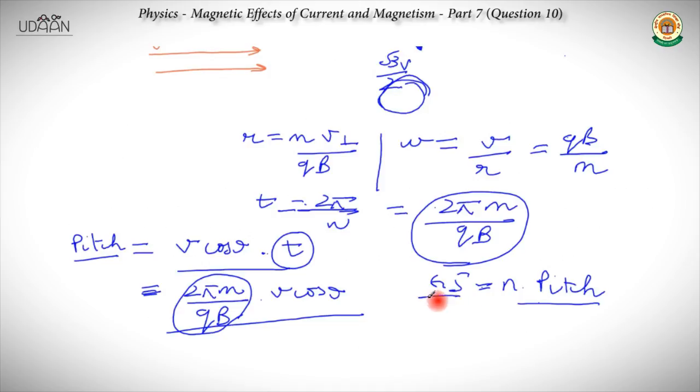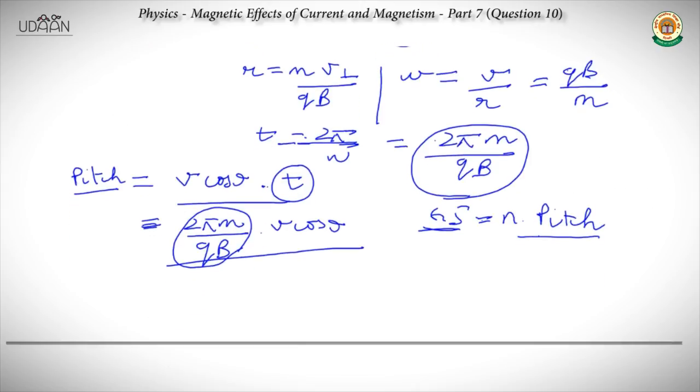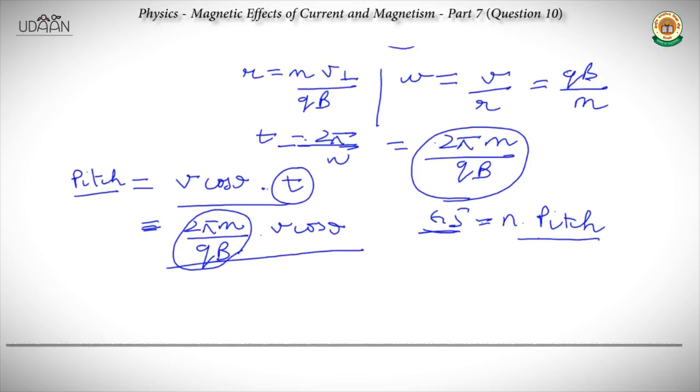We know the value of GS, and using this we will find the minimum value. We will see later why we can find the minimum value, not the maximum value, because maximum can be anything. So pitch equals GS by n. We just swap B here, bring n there.